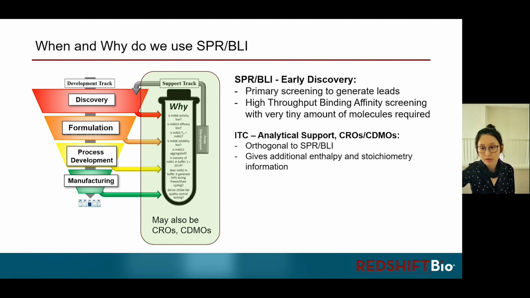Apart from being orthogonal to SPR or BLI, ITC can also give additional information on the net enthalpy changes and stoichiometry of a certain reaction, which cannot be achieved with SPR or BLI.